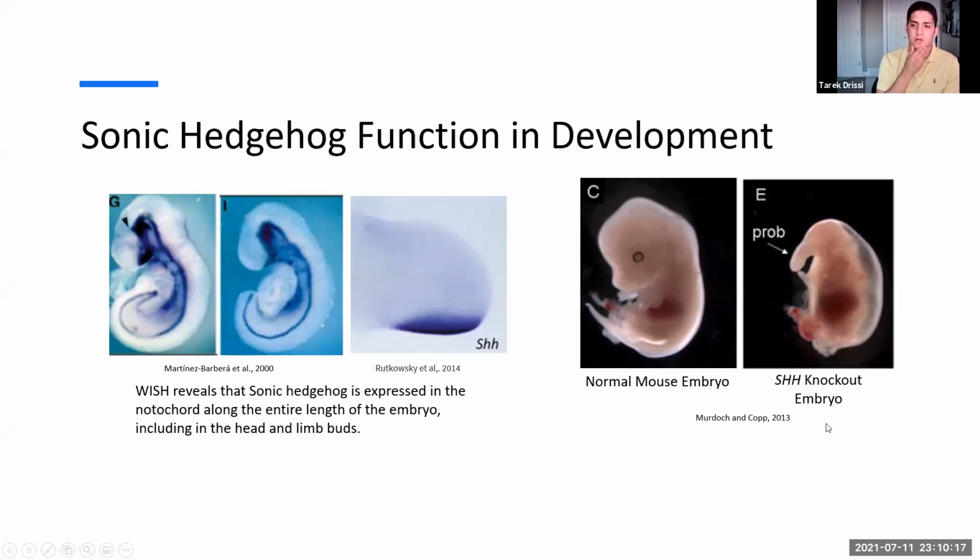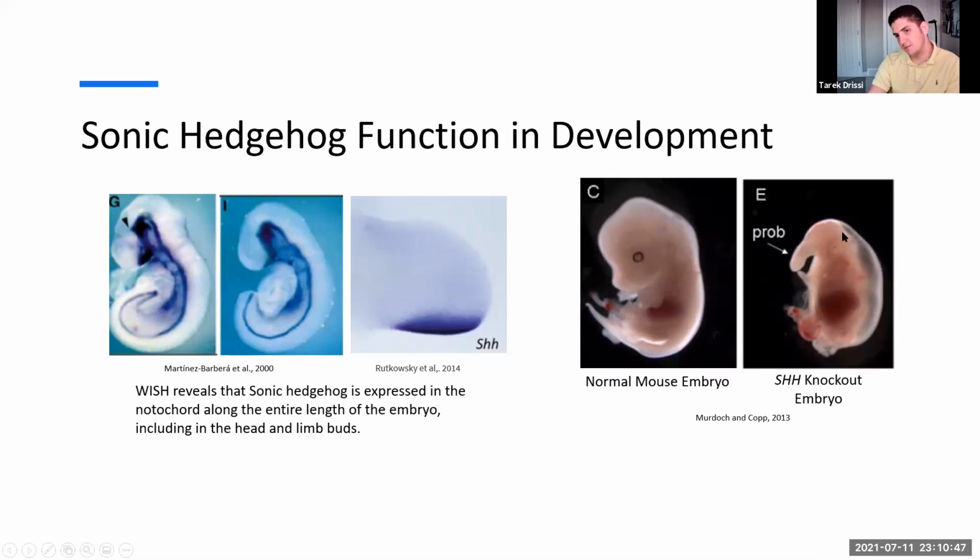So this is because Sonic Hedgehog functions in controlling development of the eyes and the face. So when Sonic Hedgehog is destroyed, we get this proboscis structure, which is actually the nasal structures that failed to develop. And often these embryos have one eye. So they have a single eye, and that's known as cyclopia, that condition.